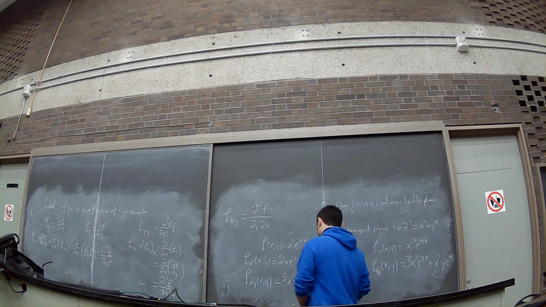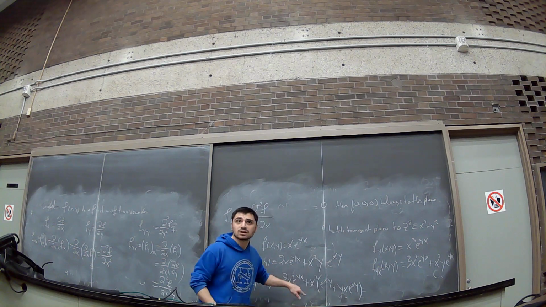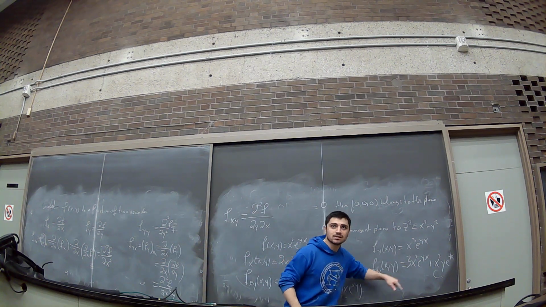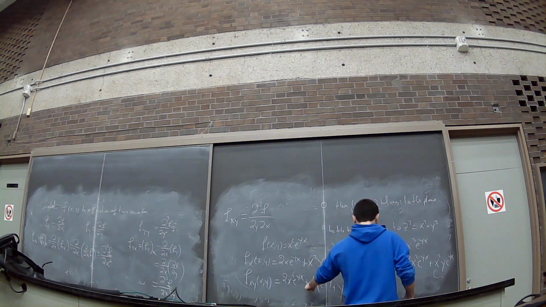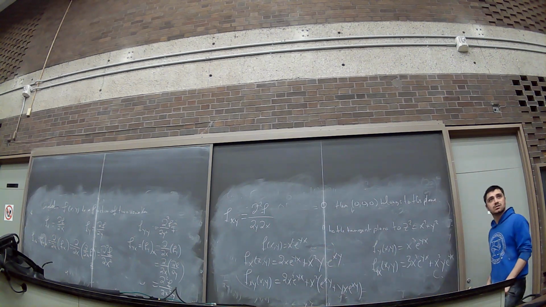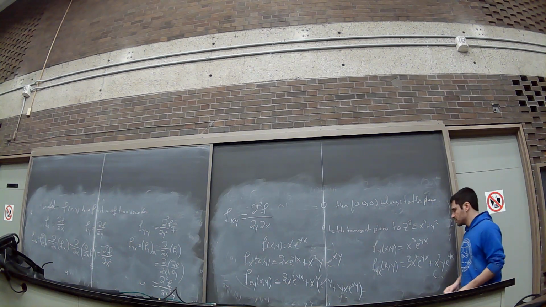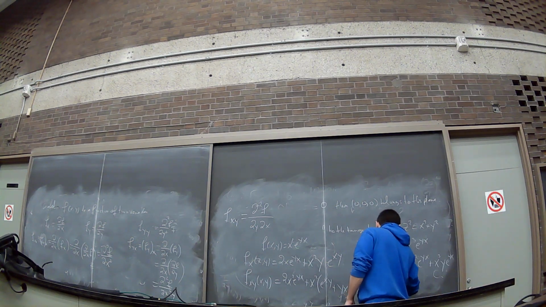Let's see what went wrong. No, that's right, right? 2x squared plus x squared e to the xy, 3x squared e to the xy, and x cubed y e to the xy. What do you notice about these two? They're equal.